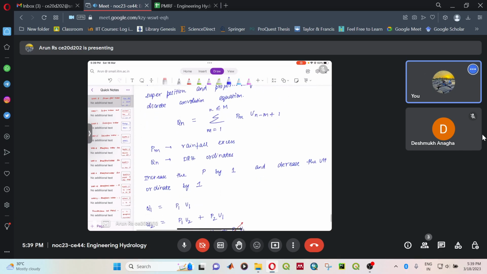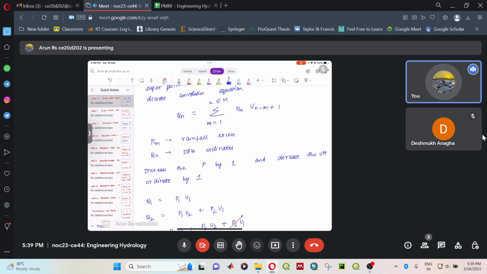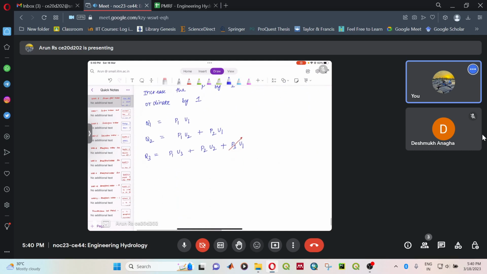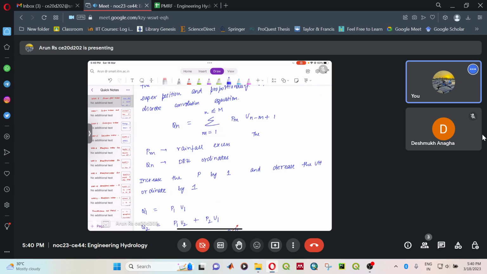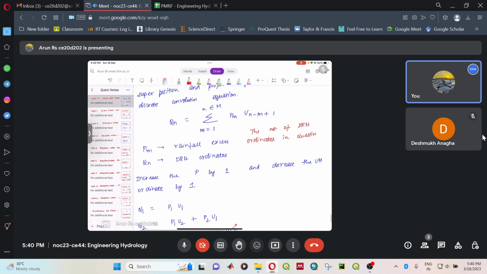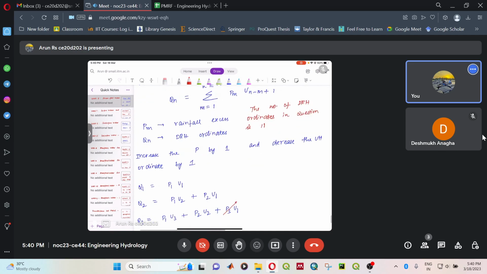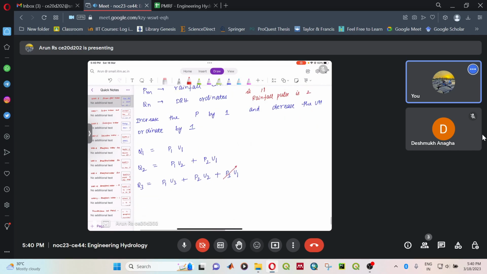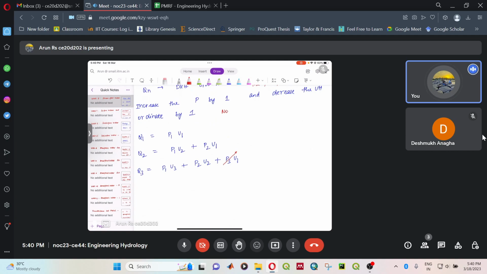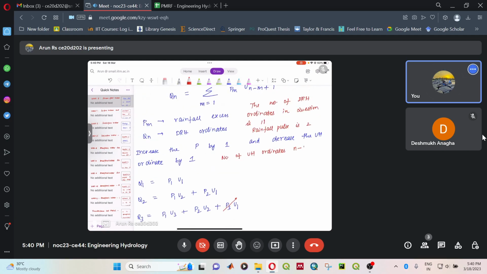For that, in the table, we have been given, so we can determine the number of unit hydrograph ordinates as n minus m plus 1.